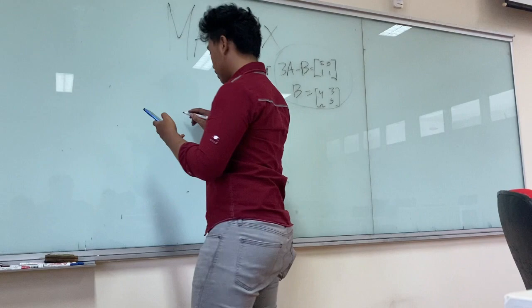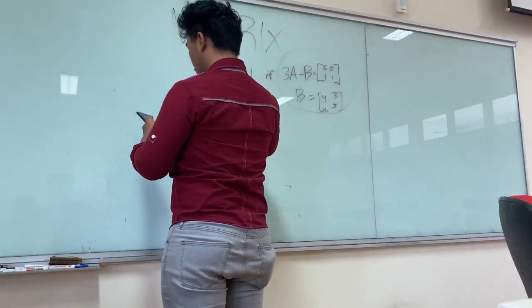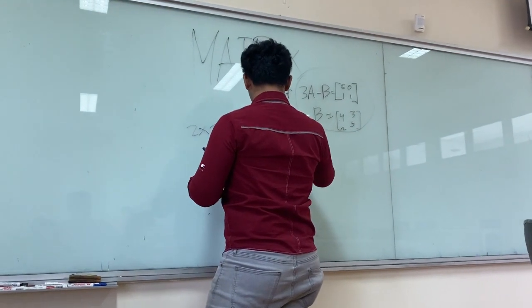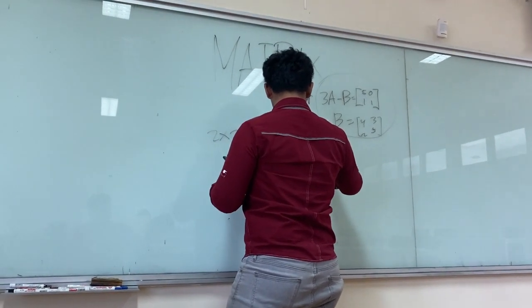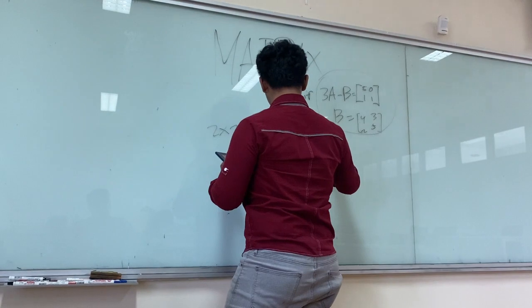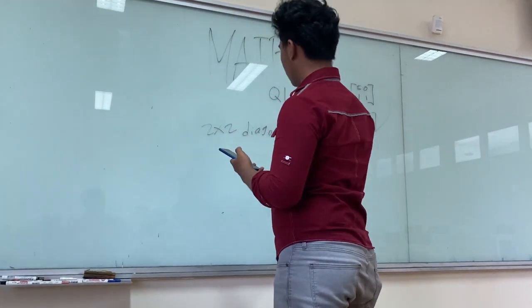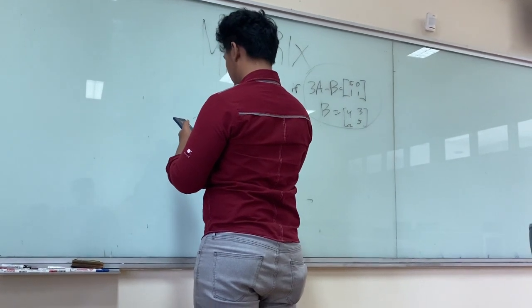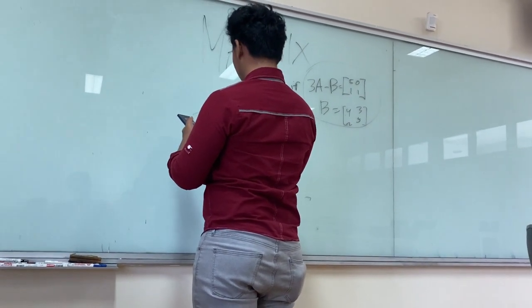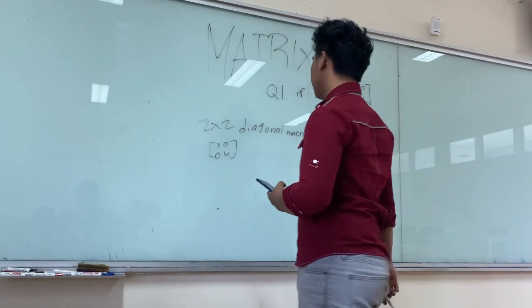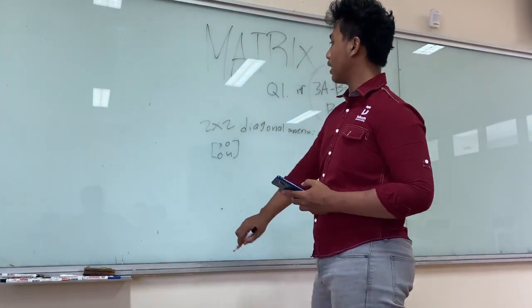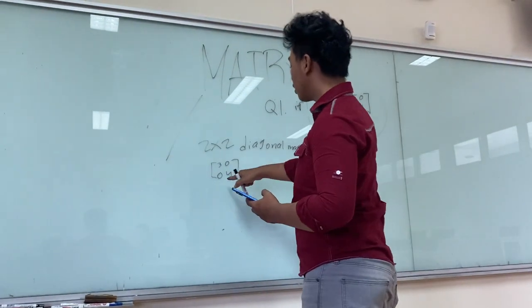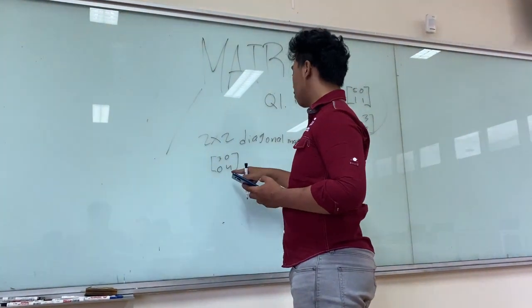So, here is an example of a 2x2 diagonal matrix. So, this is the 3, 0, 0, 4. As you can see, the diagonal will be like this. So, the zero on the matrix must be off the diagonal.